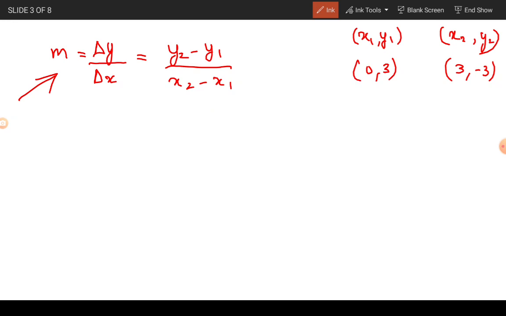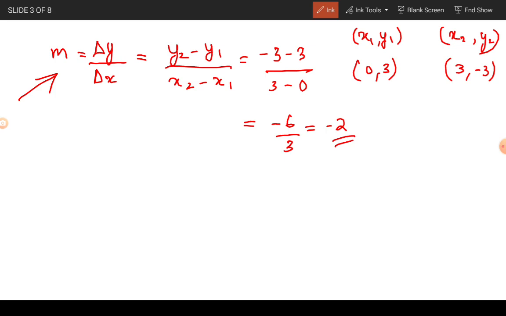So delta y by delta x: y2 minus y1 will be minus 3 minus 3, divided by x2 minus x1. x2's value is 3 and x1's value is 0. So you have minus 6 divided by 3, which is equal to minus 2.